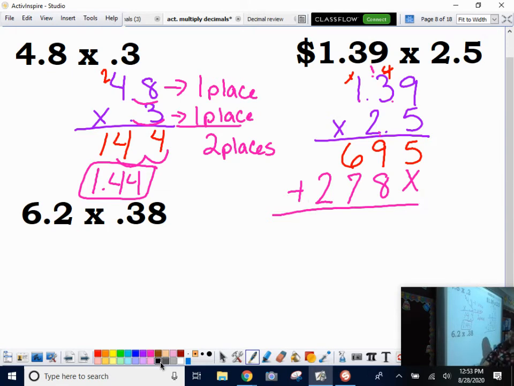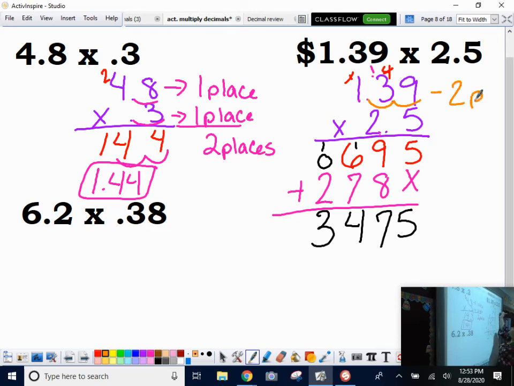Now let's go ahead and add them together. We get 5. 9 plus 8 is 17. Carry your 1. 7 plus 7 is 14. Carry your 1. 2 plus really 0 plus 1 is 3. Okay? Now talk about the place. This one had 2 places.